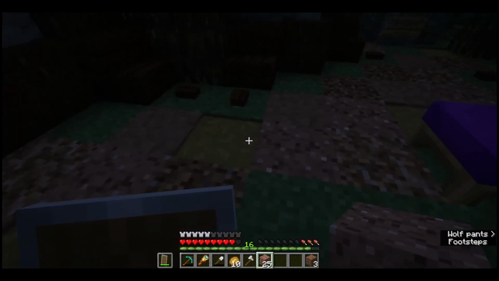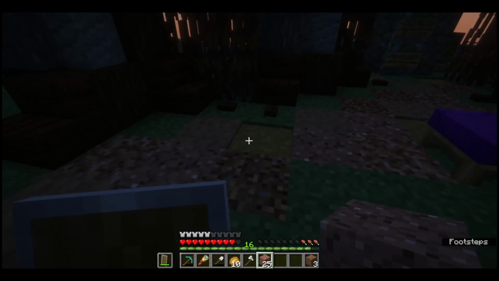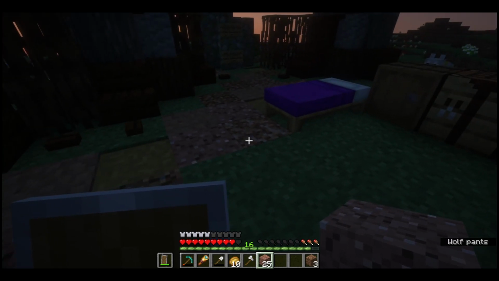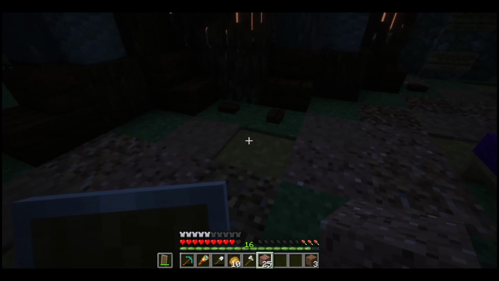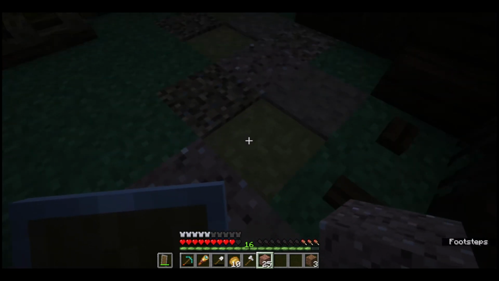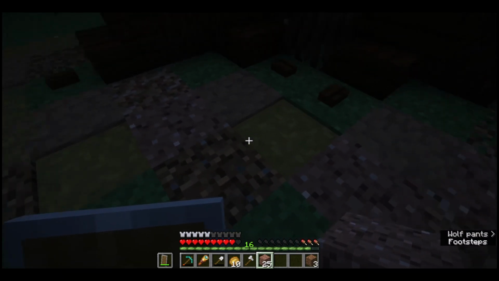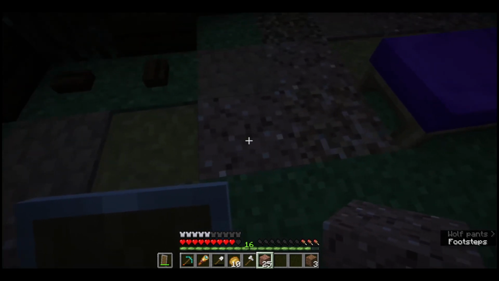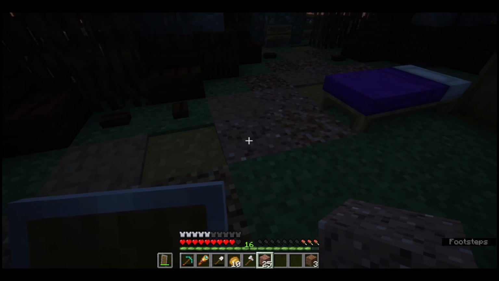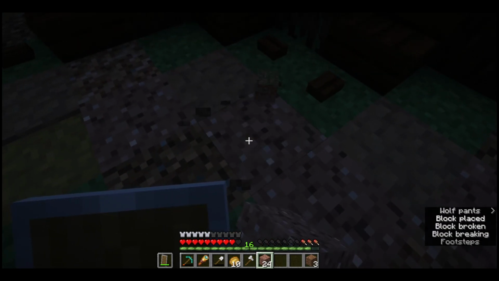Here's another complicated bit, is that this can't be coarse dirt or rooted dirt or packed mud or granite, which sucks because those are my only 4 blocks. So we're gonna have to figure out, we could put coarse dirt here and put the granite here.